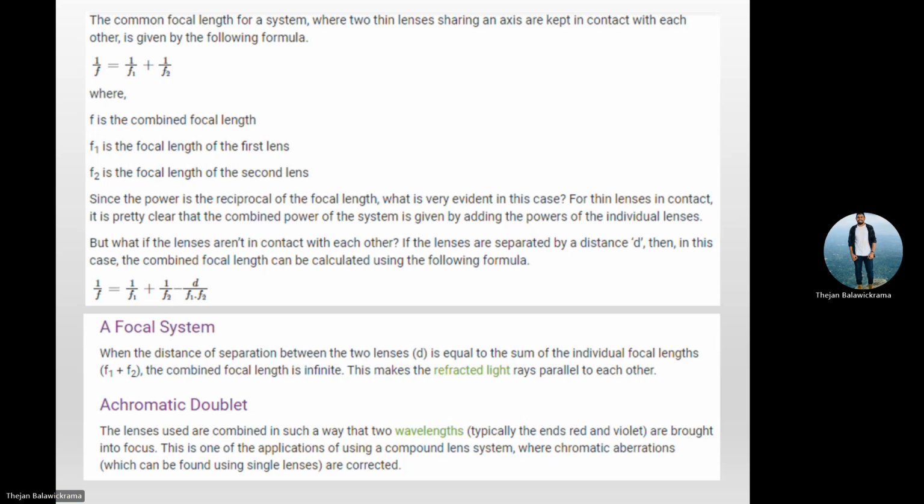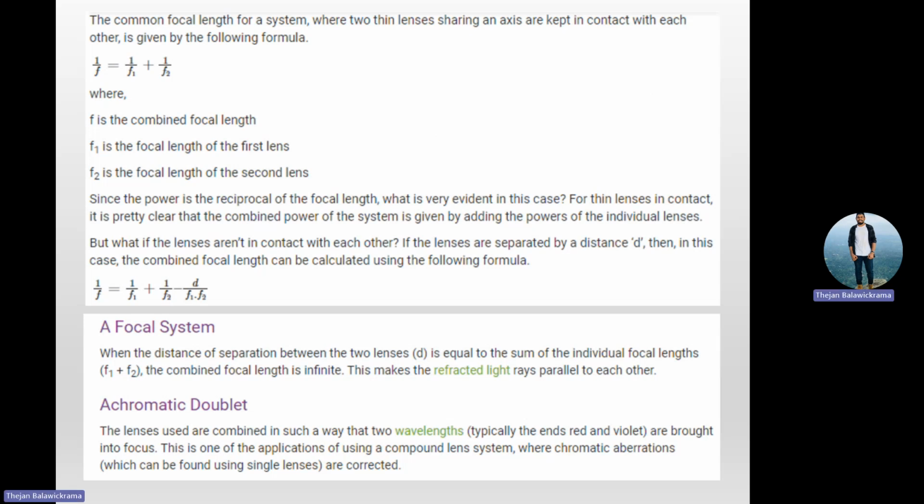Right. Then what is a afocal system? When the distance of separation between two lenses is equal to the sum of the individual focal lengths, the combined focal length is infinite and the refracted beam is parallel to the axis. Take F1 and F2.